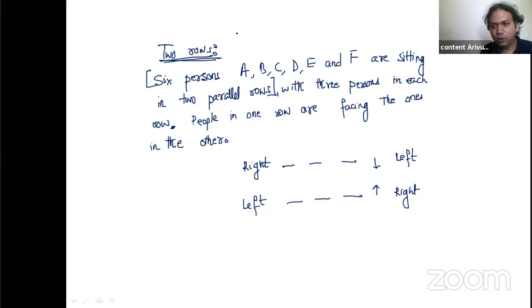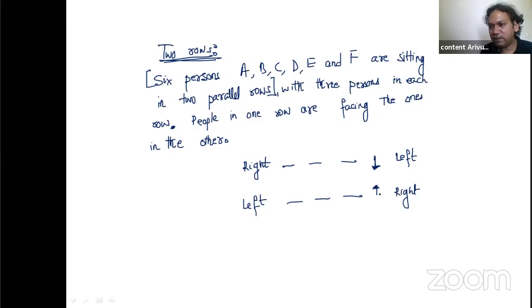Anirudh, are you talking about the two rows? In two rows, we don't talk about clockwise, anti-clockwise. We only talk about left and right. If we have a circular seating arrangement, then only we talk about clockwise and anti-clockwise, not in the question of two rows. In two rows, it's simply that one row is facing south and one row is facing north.